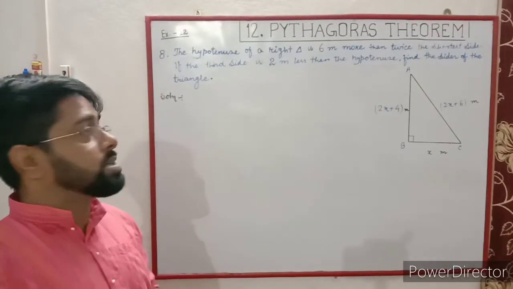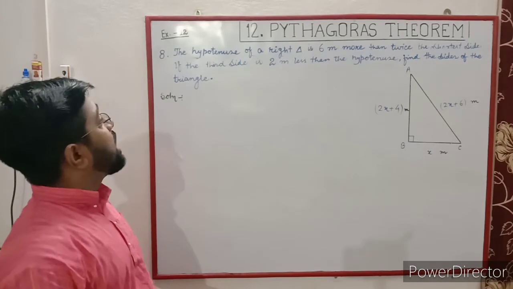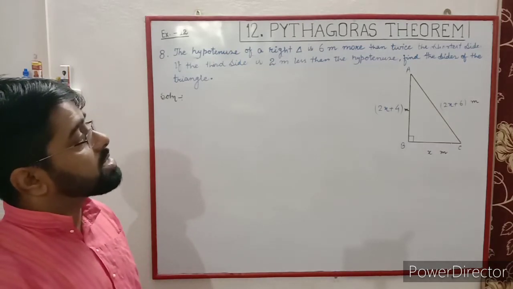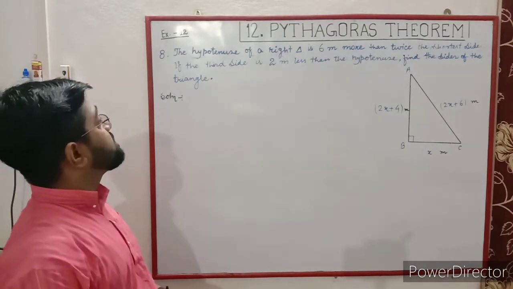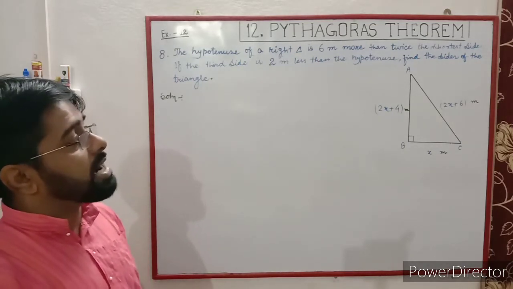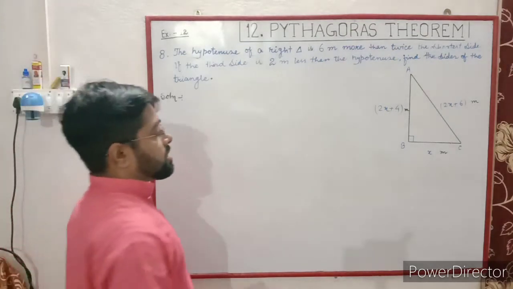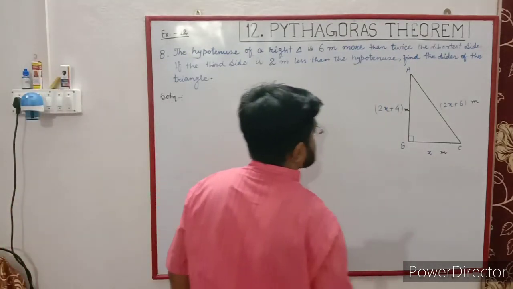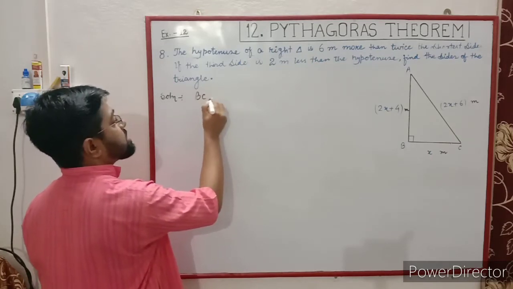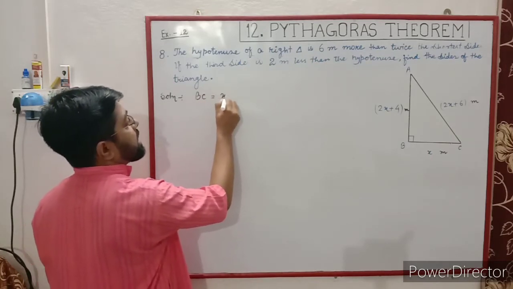Let's see one more question. Question number 8. The hypotenuse of a right triangle is 6 meter more than twice the shortest side. If the third side is 2 meter less than the hypotenuse, find the sides of the triangle. From the figure, we assume BC as the shortest side, x meter.